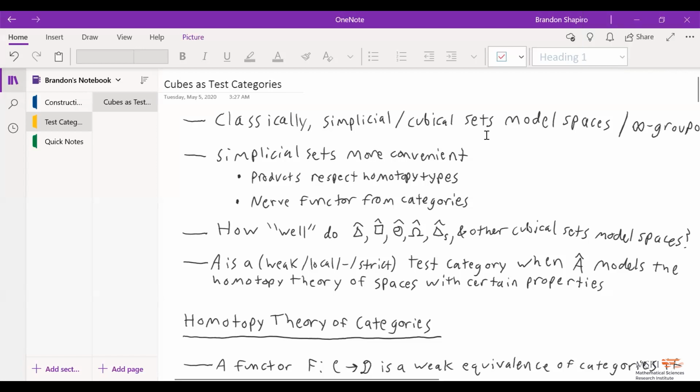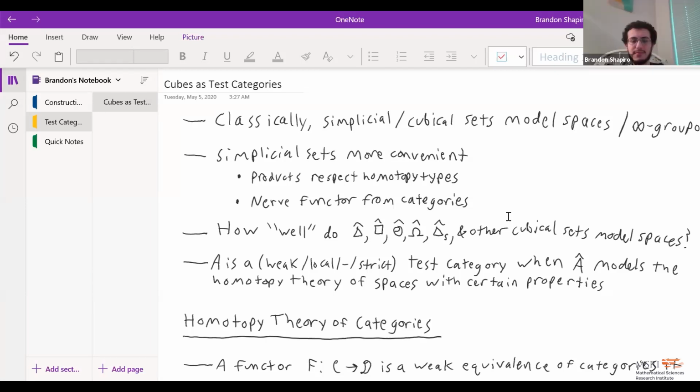Questions? Yeah, I have a question about, if we're using cubical sets to model spaces, will we have another way to find the homotopy type of a cubical set already, through the geometric realization functor to Top, for example? It doesn't seem like it fits very conveniently into any kind of triangle involving Cat and Top and cubical sets.